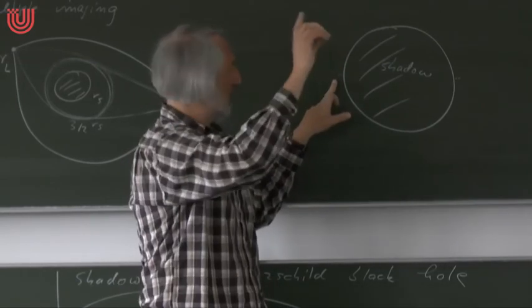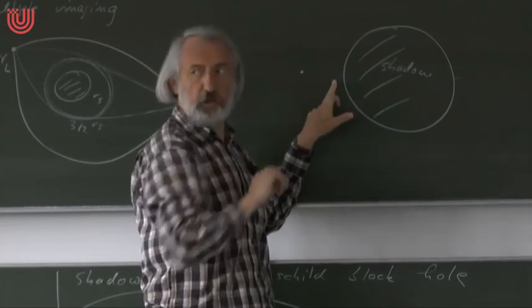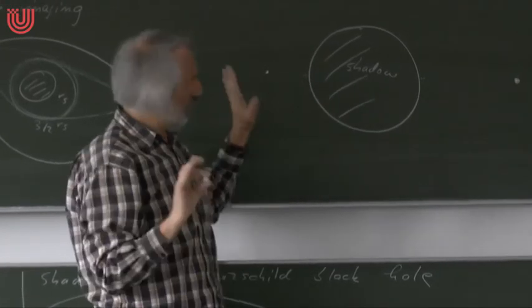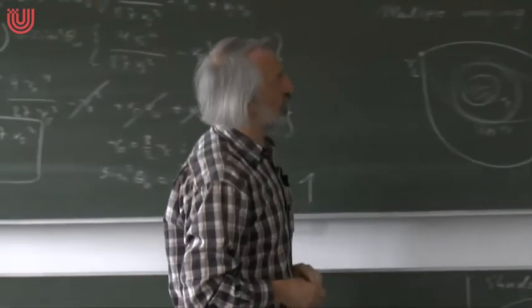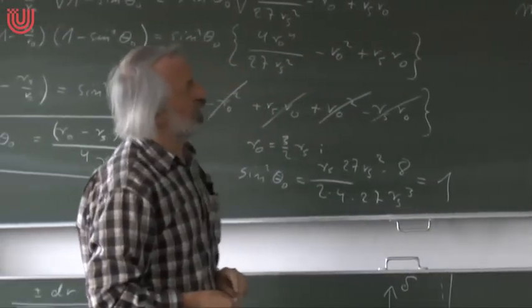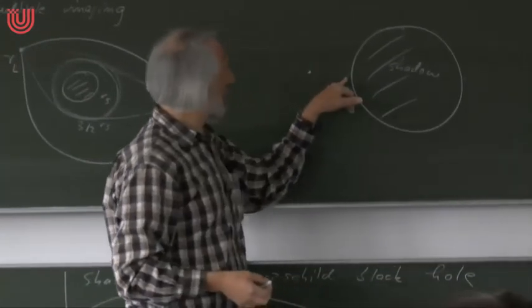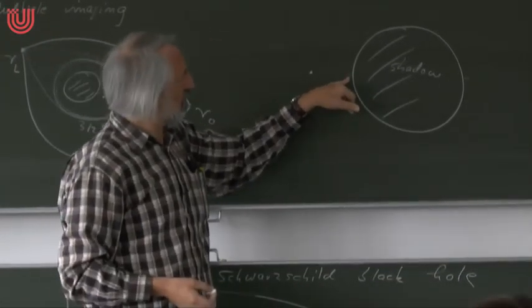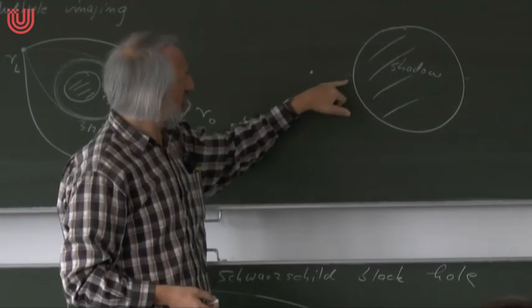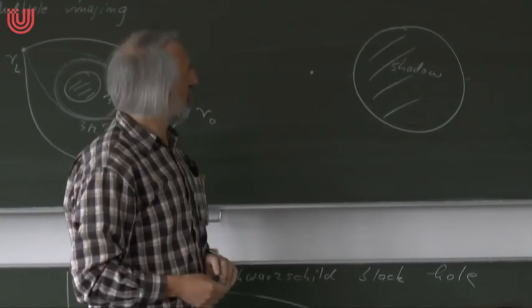Light rays, images which correspond to light rays which make a full turn around the center. We have no indication from observation that they exist. Theoretically, we are convinced that they exist, but we have never seen them until now. But the black hole at the center of our galaxy might also give a certain chance that we will sometimes see them.